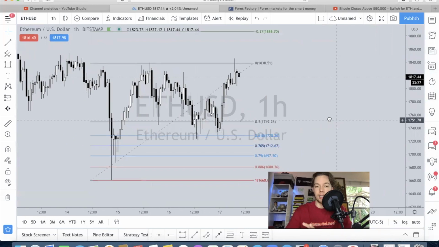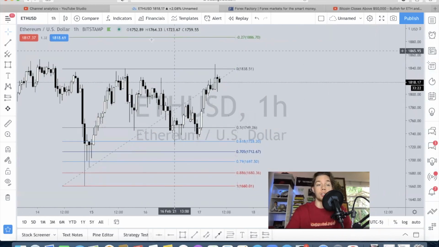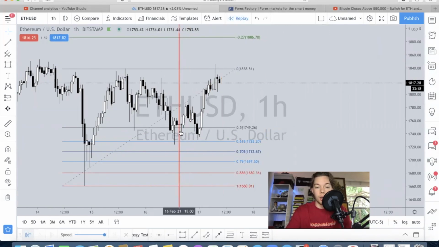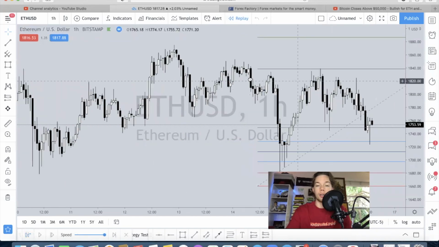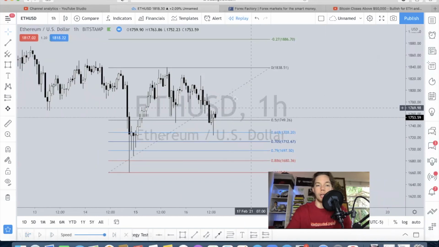I didn't go over any setups, but I don't know if anybody noticed what I had going on here with the Fibonacci. And let me go ahead, I don't use replay mode too much, but when I did that stream, we were about right here. All right. And I had this Fibonacci pulled up. And you guys know, when I have the Fibonacci pulled up, swing low to swing high, we're looking for any deeper retracements.